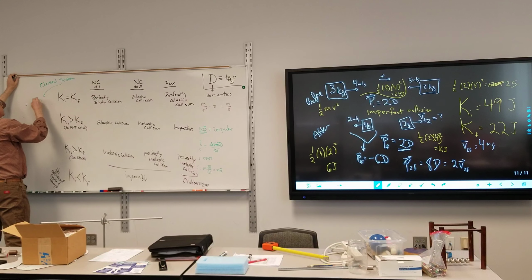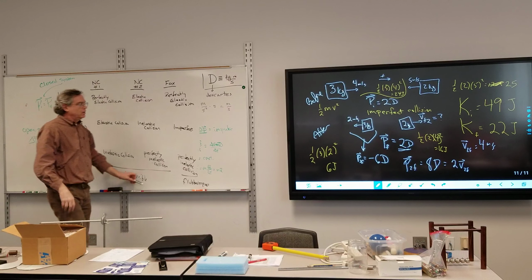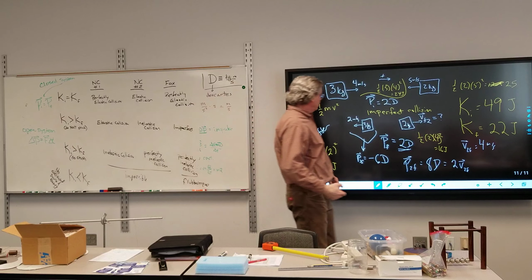That's supposed to be a p. In an open system, momentum will change based upon the impulse. Now we can show that over here.